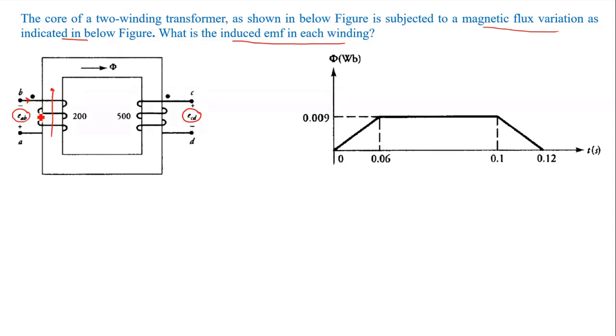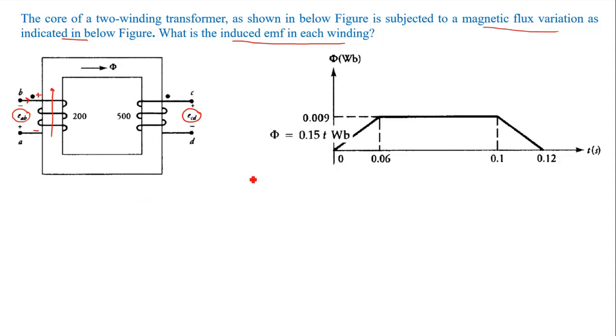The induced EMF, whatever is induced here, will oppose the cause, oppose the flow of current. That means your actual induced EMF should be this, but we need to find it in the opposite way, EAB. That means the voltage of the A terminal with respect to the B terminal, right?